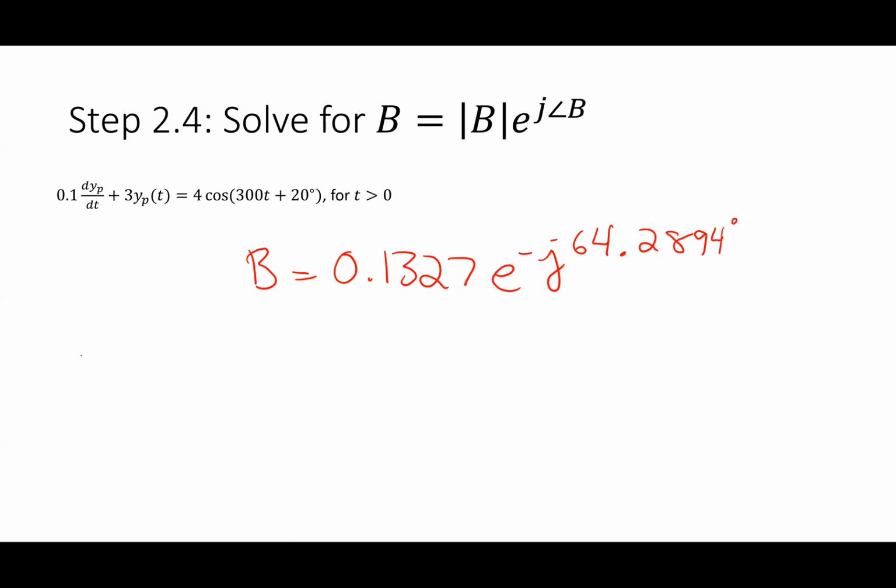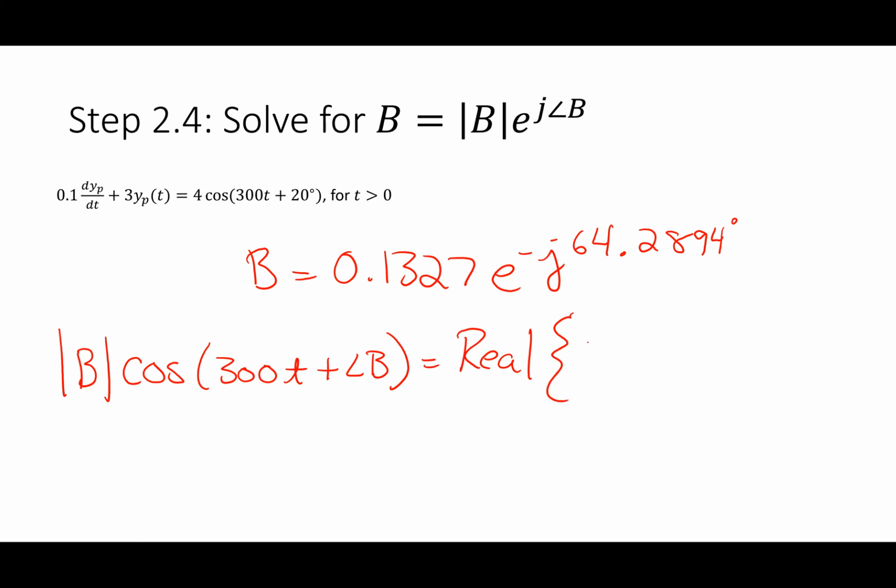Well, what I said was that my output was the magnitude of B times cosine of 300t plus the angle of B, which is the real part of B e to the j300t. So now I've figured out what y sub p is equal to, and this is actually my last step.